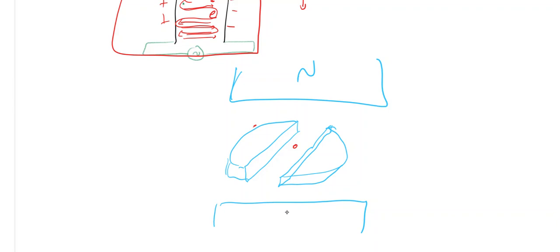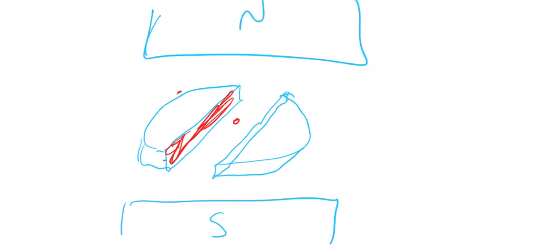Suppose this is how north and south poles are placed, and then I will connect this plate. Say this part is connected to one terminal of the battery, and the other part is connected to the other terminal of the battery.